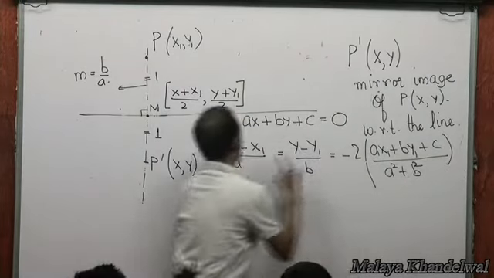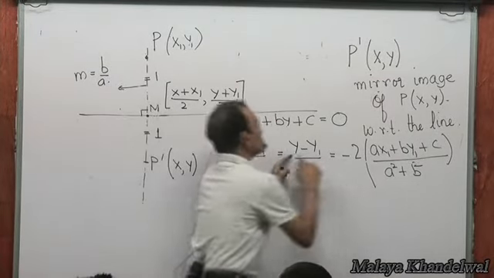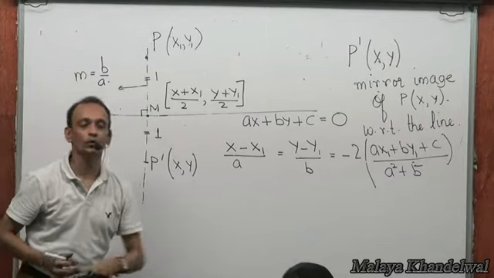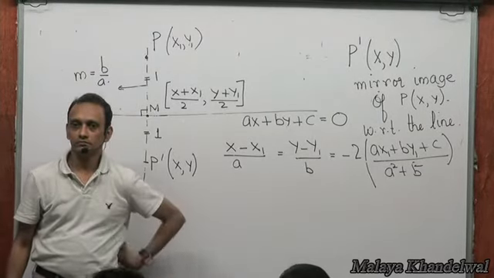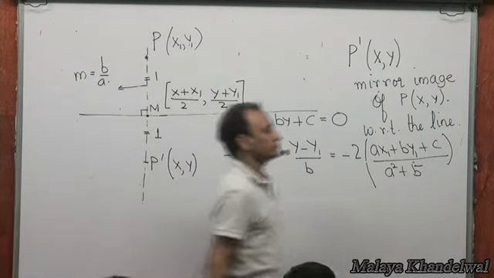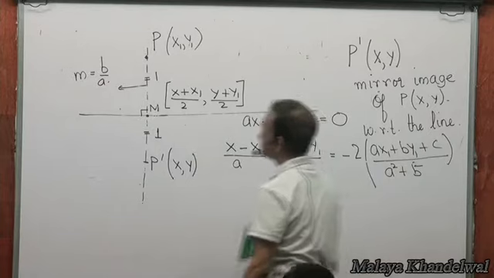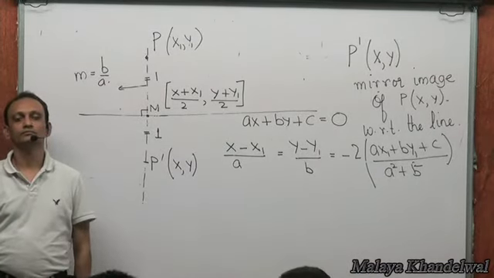Using this and this, you would get the x coordinate of the point P prime. Using this and this, you can readily obtain the y coordinate of P prime. Right? All's good?